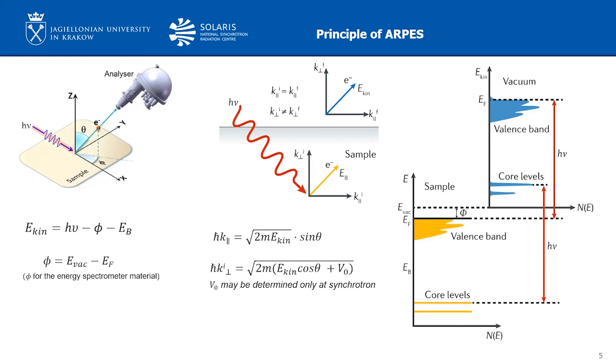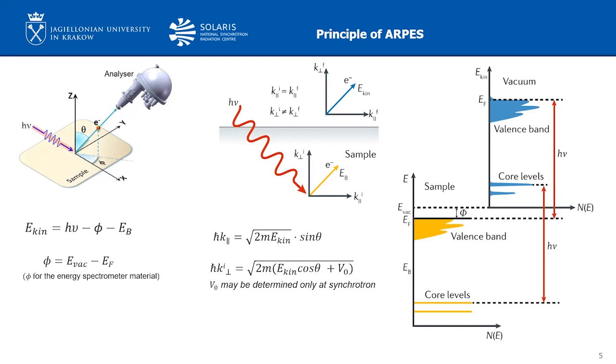In a typical measurement, the sample is placed under ultra-high vacuum next to the electron analyzer. When the light is incident on the sample, electrons in the material absorb photons, and if the energy of the absorbed photons is greater than the work function of the material, the electron can escape into the vacuum.